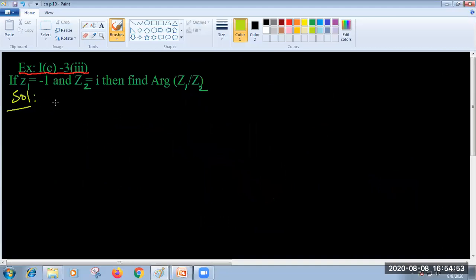Now let us write the given complex number Z1 is equal to minus 1, and there is no imaginary part.